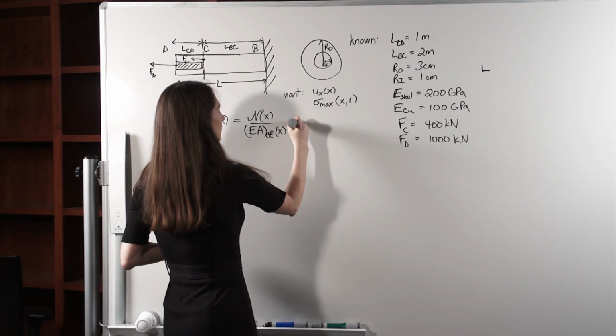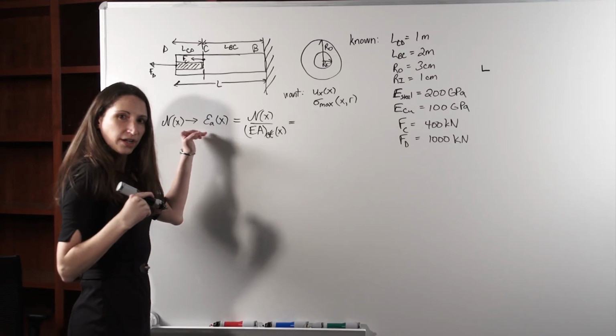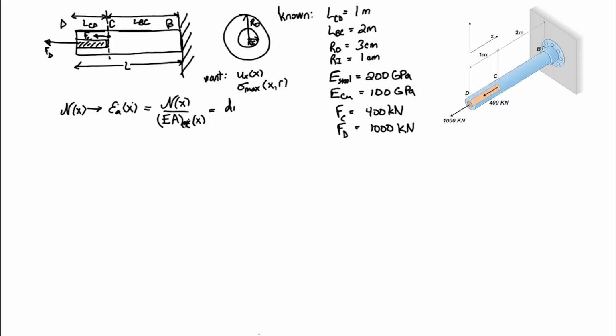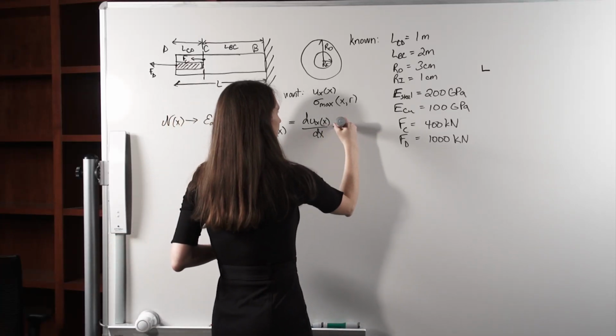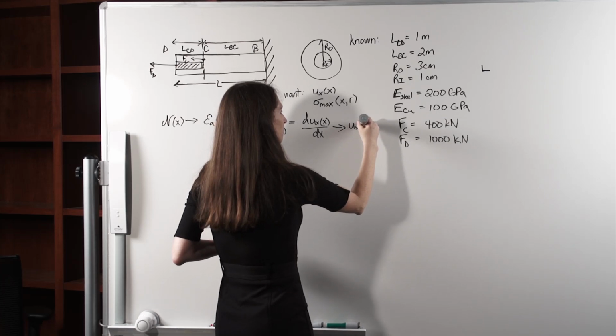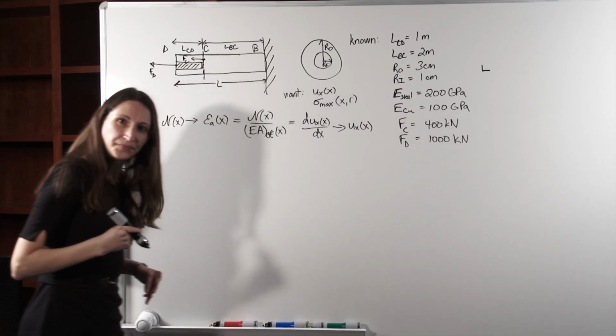But once we have that, we can also write down that our strain is just equal to the derivative of the displacement field, so dux of x dx. So from that, of course, we can just find our ux of x by integration, right?